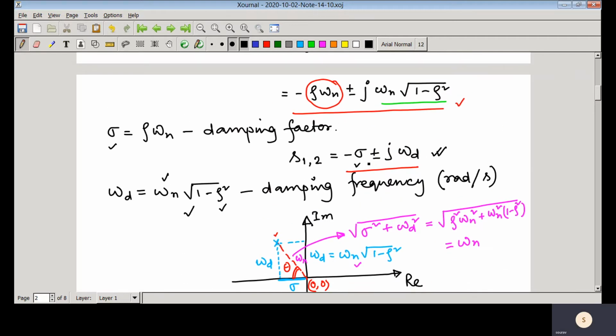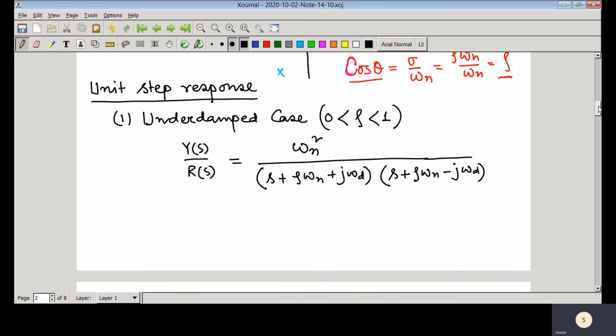It has two poles, one with plus and one with minus. Then we apply the unit step, that means R(s) equal to 1 by s.